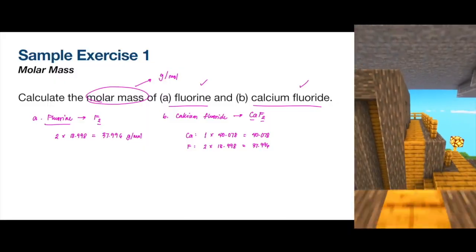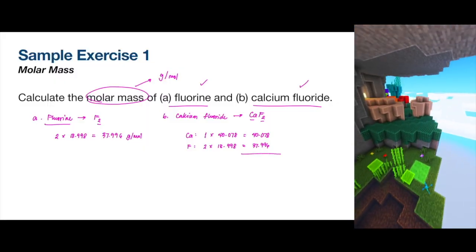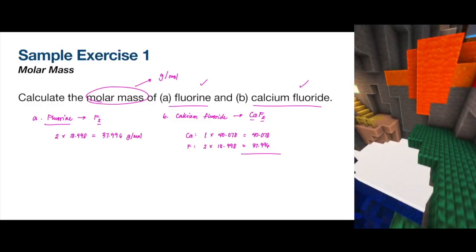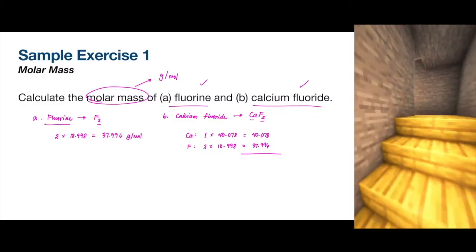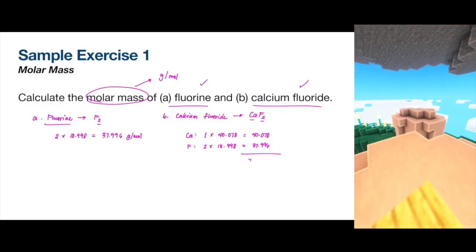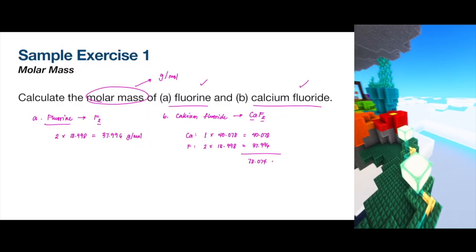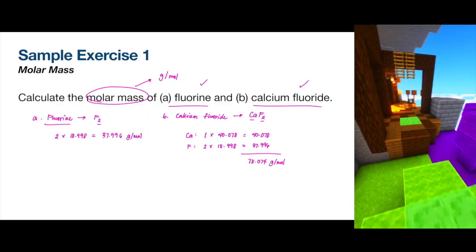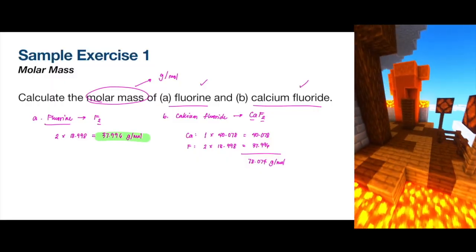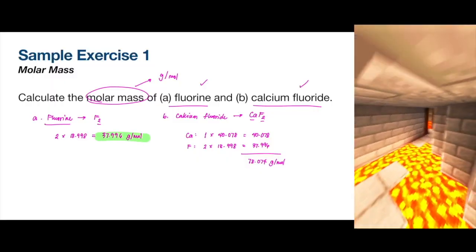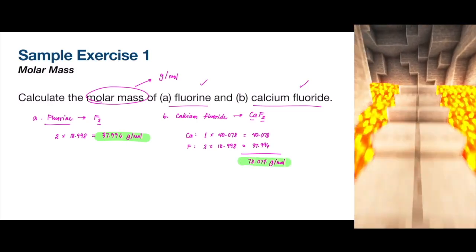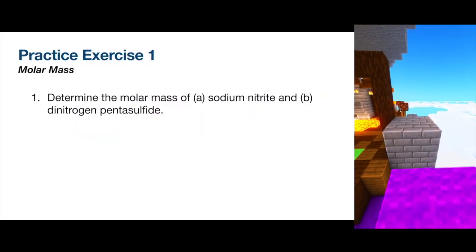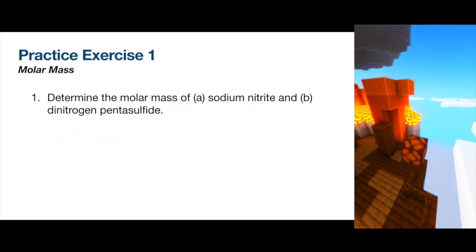The final step is to add the 2 atomic masses. 40.078 plus 37.996 is equal to 78.074 grams per mole. Therefore, the molar mass of fluorine is 37.996 grams per mole, and the molar mass of calcium fluoride is 78.074 grams per mole. Now, you can pause the video to answer our practice exercise.